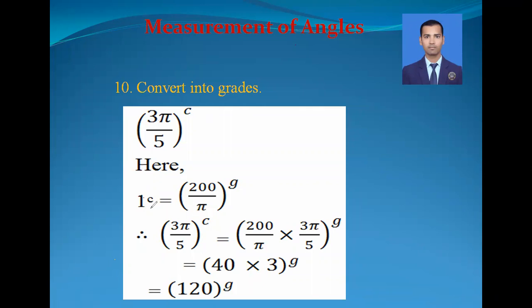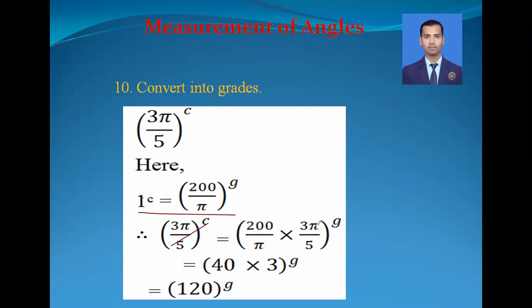That's why here, again, we should follow the relation that 1 radian is equal to 200 by pi grade. So 3 pi by 5 radian is equal to 200 by pi into 3 pi by 5, and that is grade.